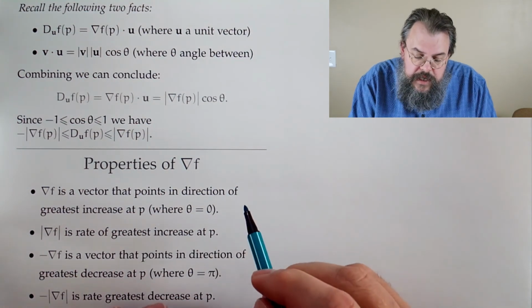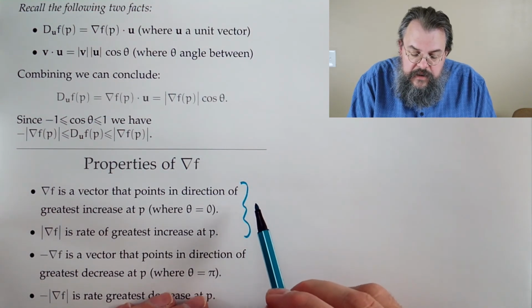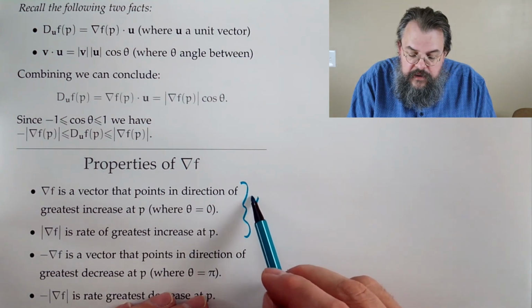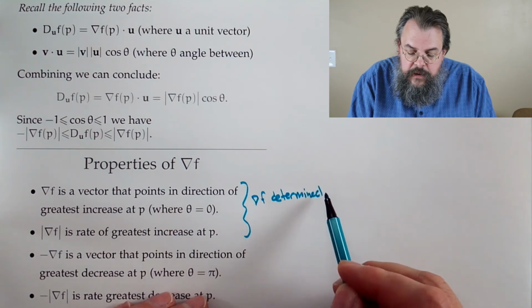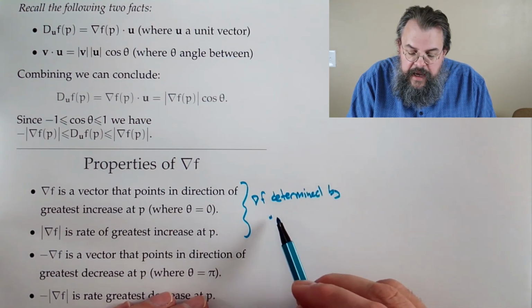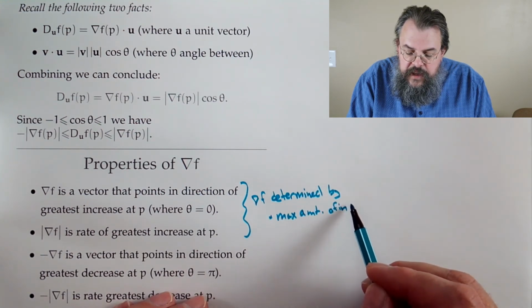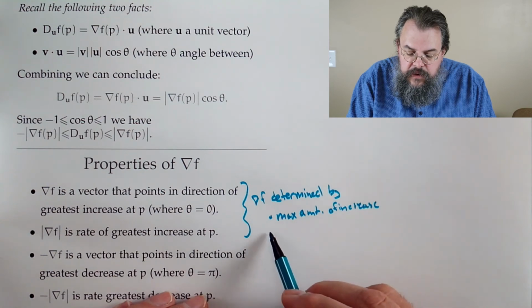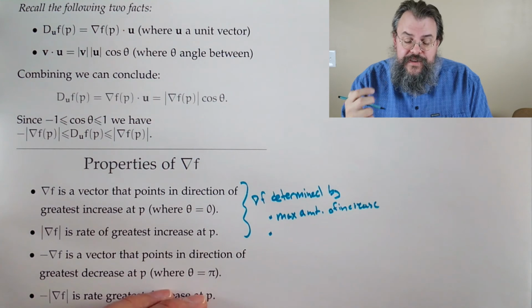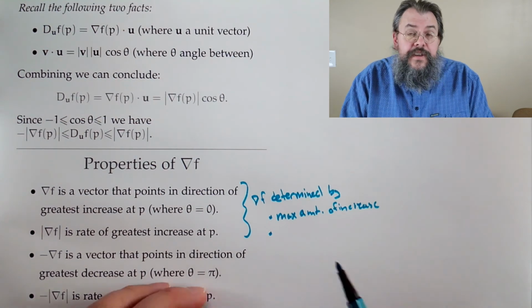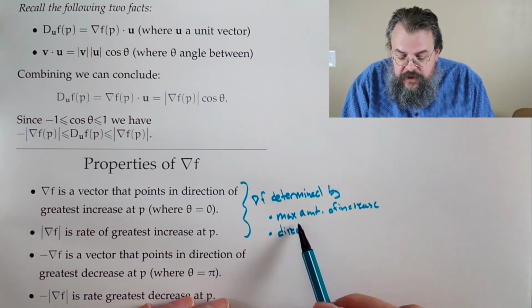And so oftentimes you can say the gradient of f is determined by knowing the following two things, namely the max amount of increase and the direction of that increase. Because remember, the gradient is a vector, and all vectors have two parts. And as long as you know those two parts, life is good. So the max amount of increase and the direction of greatest increase.